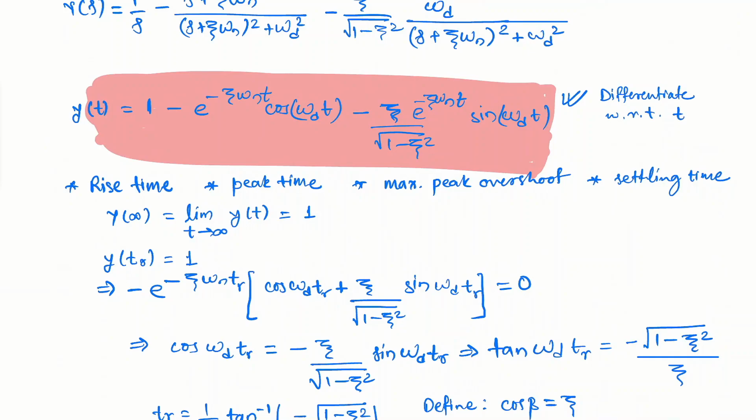When we differentiate this with respect to time and set it to 0, we will be looking at an extrema. Now this extrema can be a minima or a maxima. So to ascertain whether it is indeed the minima or indeed the maxima, we would also need to take the second derivative.